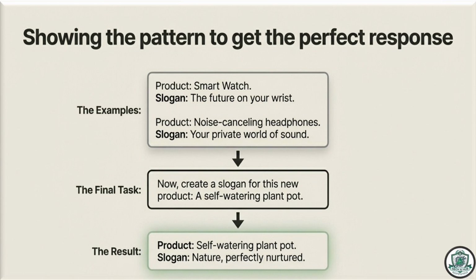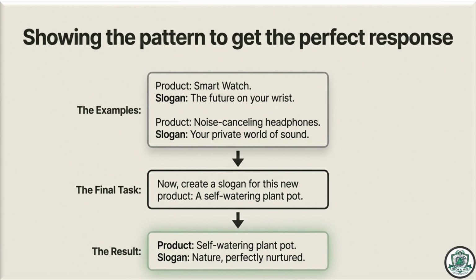Here are some examples. Product: smartwatch, slogan: the future of your wrist. Product: noise cancelling headphones, slogan: your private world of sound. Once you show it the pattern, you give it the real task. Now create a slogan for this new product, a self-watering plant pot.